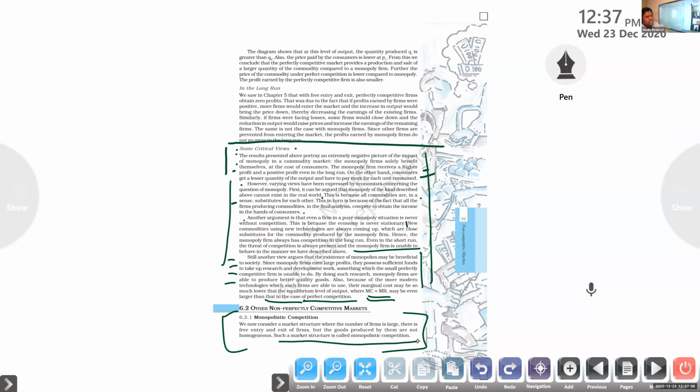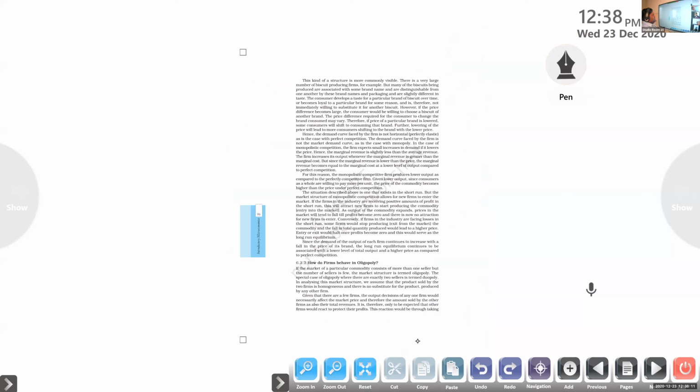Such a market condition is basically termed as monopolistic competition, where a number of firms are there, they are not producing the same product but different products. This kind of structure is more commonly visible.